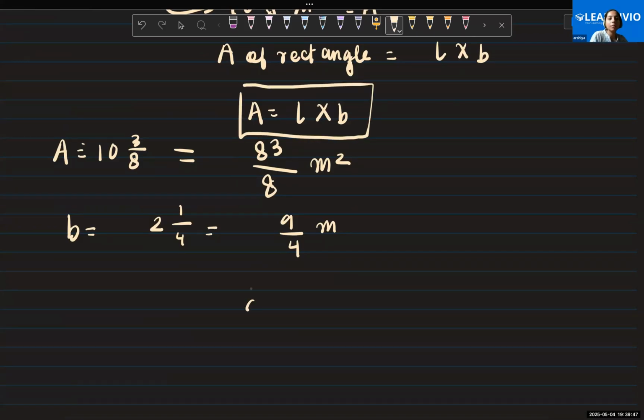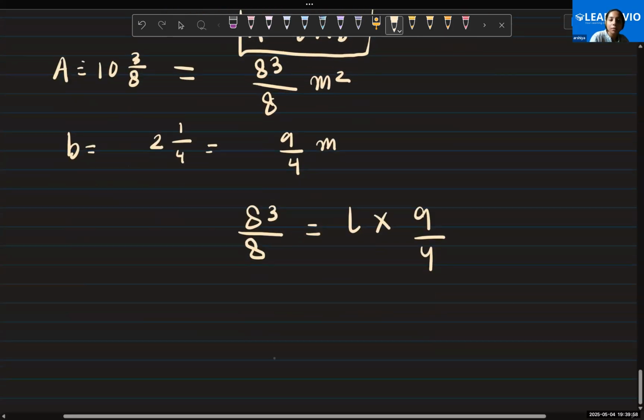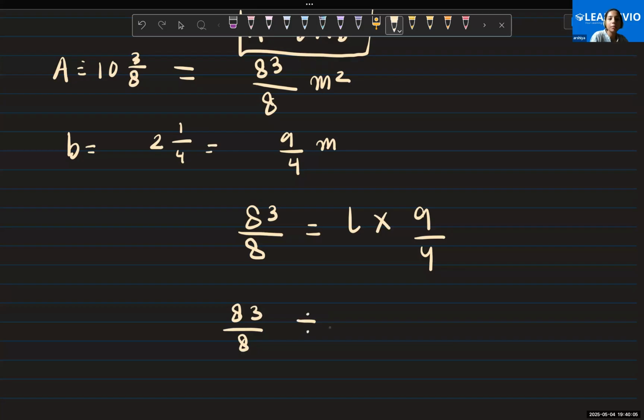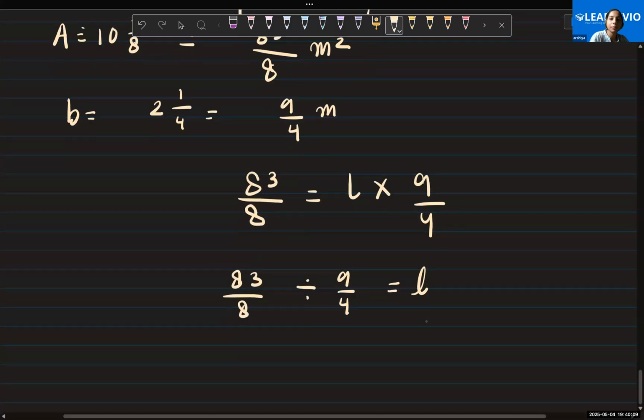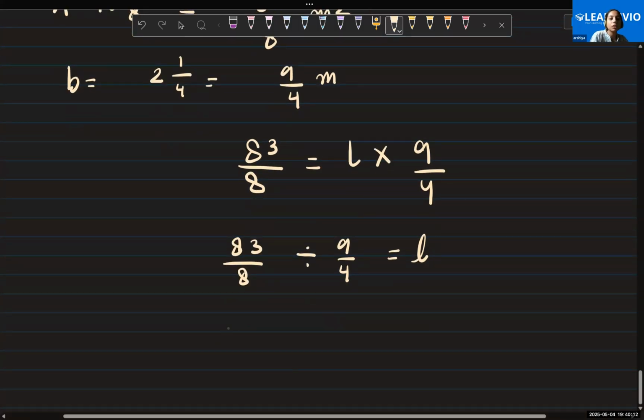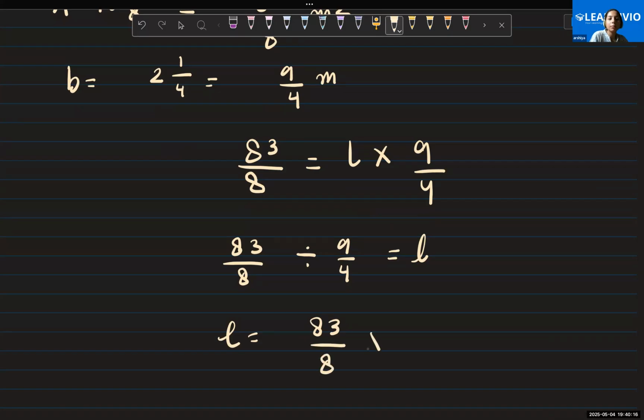Because we are multiplying here, I'll take this on the other side and we will divide. So 83 by 8 divided by 9 by 4 will be equal to the length. So now length will be 83 by 8 multiplied by 4 by 9.